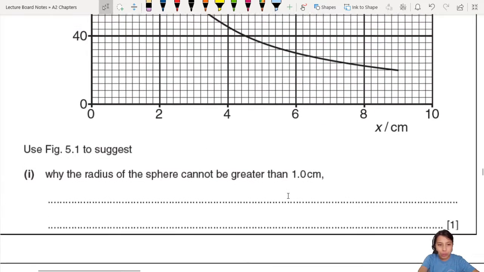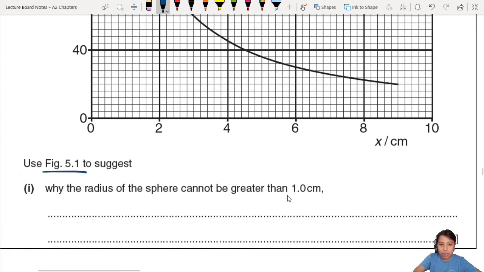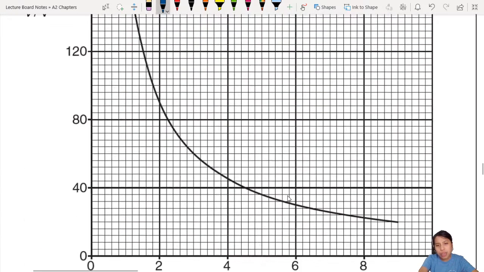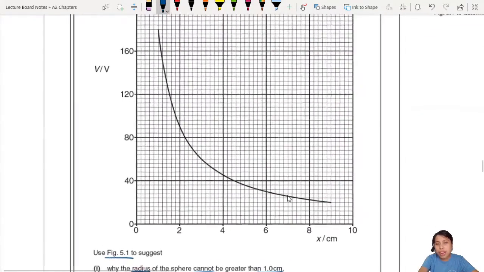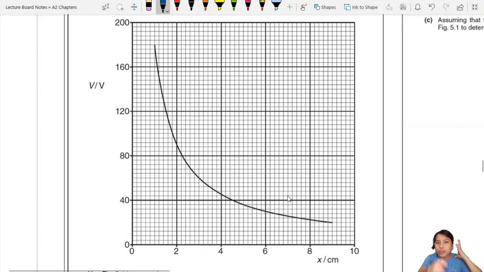But what do they want us to do? Use the figure to suggest why the radius cannot be greater than 1. Why the radius cannot be greater than 1? Look at this part. If you remember how we draw all those graphs just now, inside the sphere, the potential is the same.